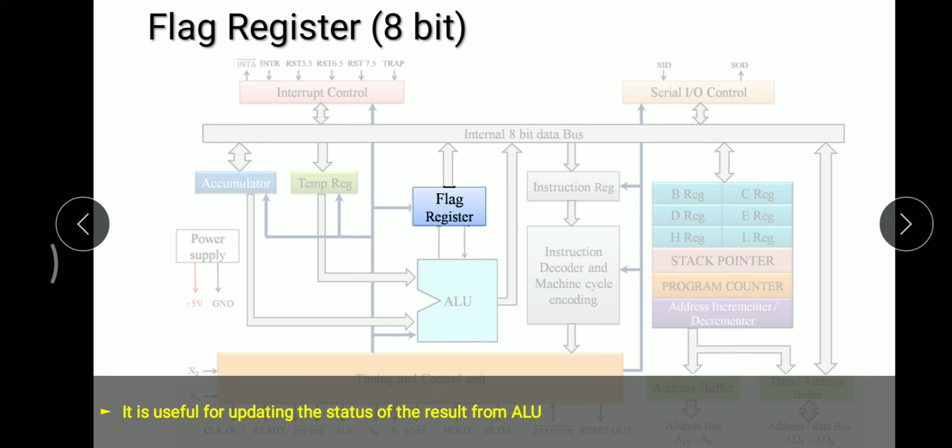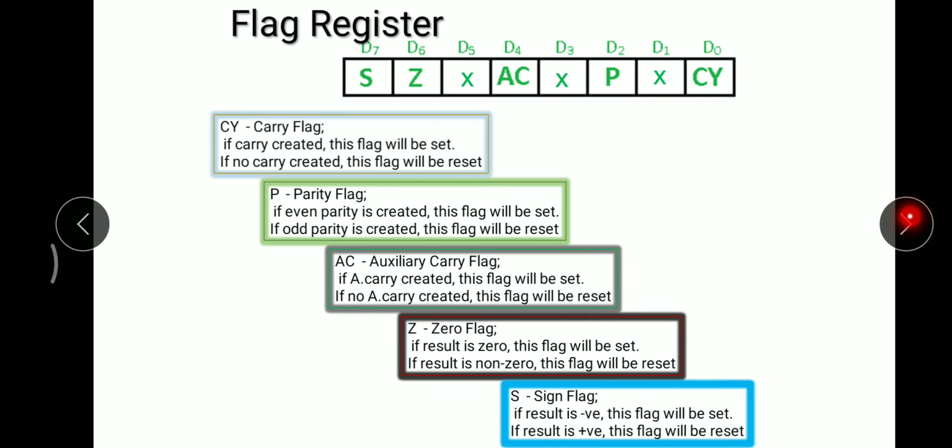So after performing one arithmetic operation, whether the result has a carry or the result is zero, it has to be intimated by the ALU. The ALU is performing the operations, so after completing the operation, it has to intimate to us. What data do we need?